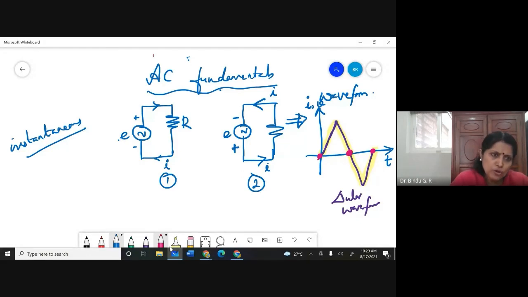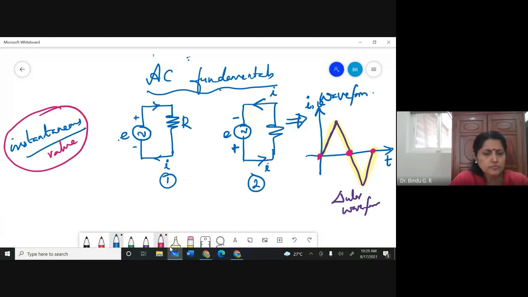And what do you mean by instantaneous values? Please write this down. Instantaneous value: the value of an alternating quantity, in brackets magnitude and sign, at any instant is called its instantaneous value.